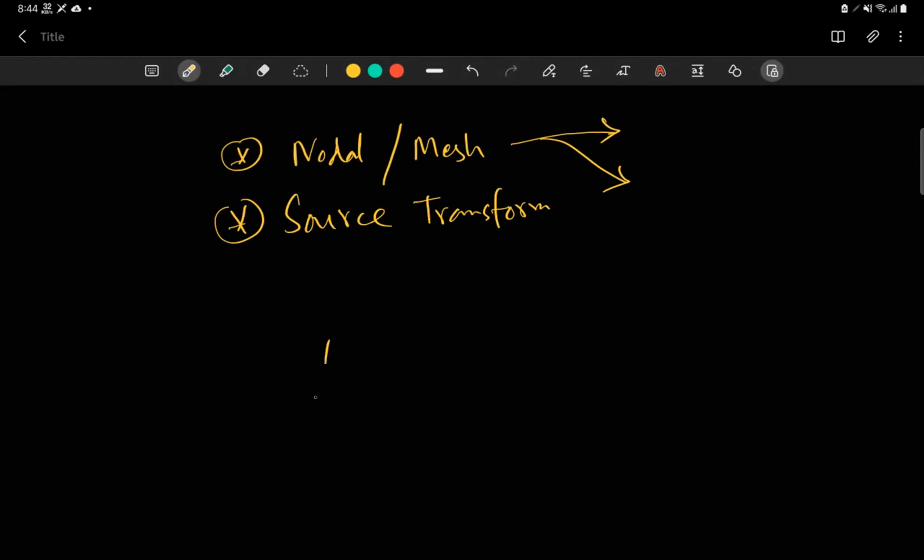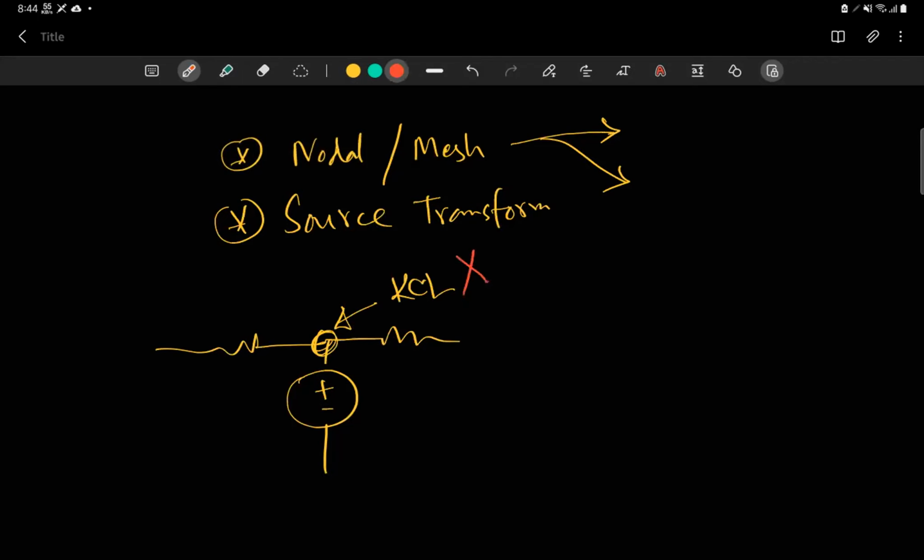If you have a voltage source in a circuit connected to a node, you cannot write KCL here, okay? I am still seeing in our last quiz 4 scripts that some of you still wrote KCL equations on nodes with a voltage source.